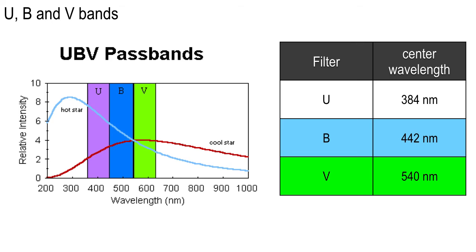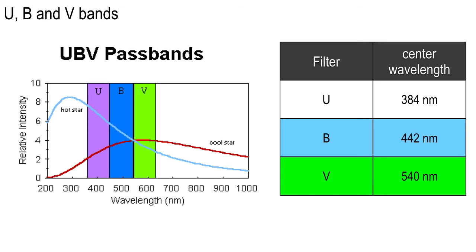And 400 nanometers is the generally agreed upon boundary of violet. So this is actually ultraviolet, which is why they use the letter U. And V here does not mean violet, it means visible. I don't know why they use these letters, but that's what they use.